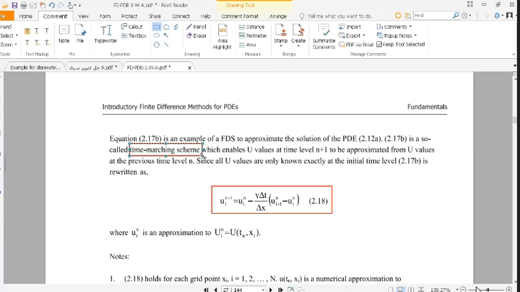This formula, in which we use the forward approximation for u with respect to t and for u with respect to x, is called the time marching scheme. And we can compute the value of u at the time level tn plus 1 by using the information at time level tn.